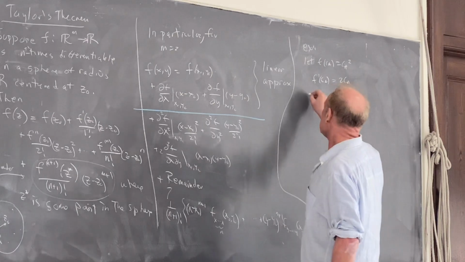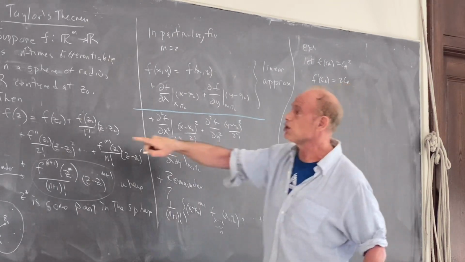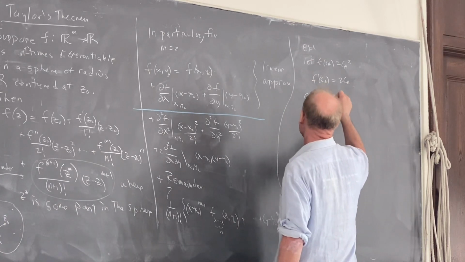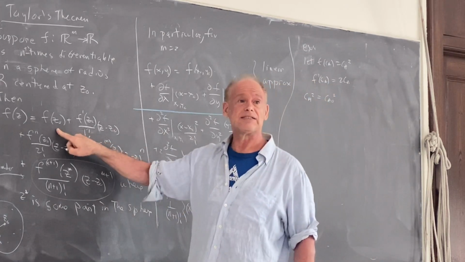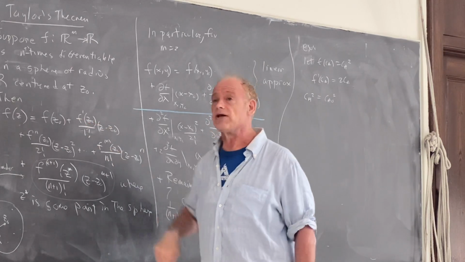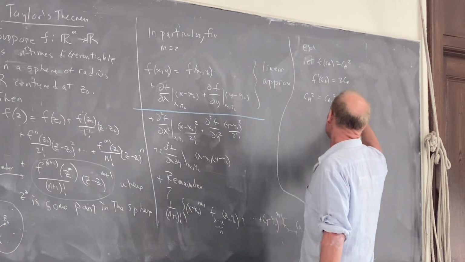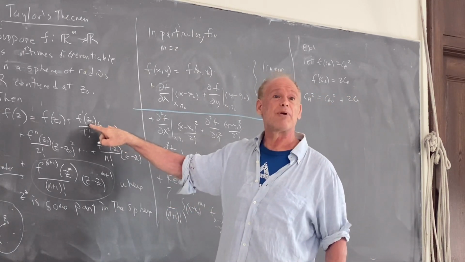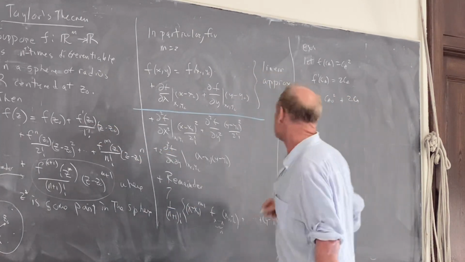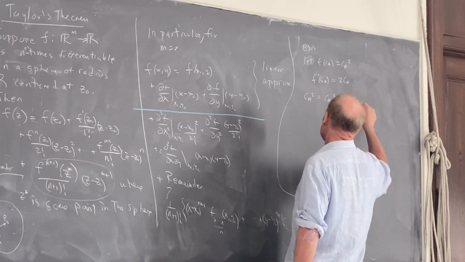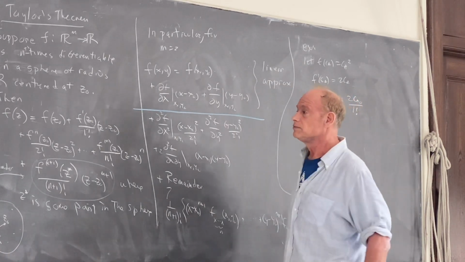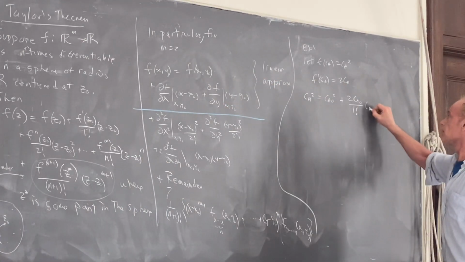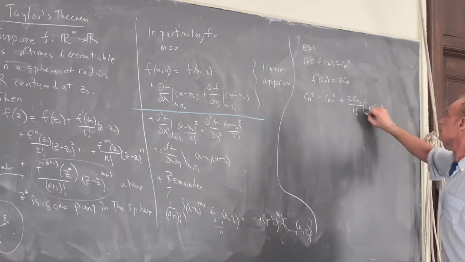So this says that CA squared, let's go to this equation here, is equal to CA0 squared, the function at CA0, plus the derivative 2CA, evaluated not at CA but evaluated at CA0, divided by 1 factorial, well 1 factorial is just 1, times CA minus CA0, plus remainder.